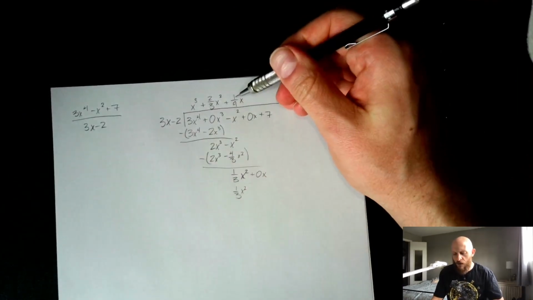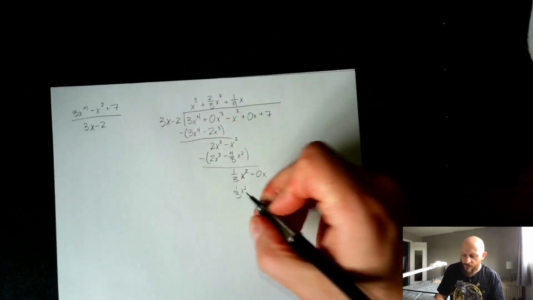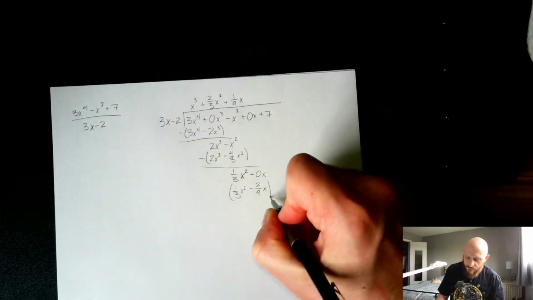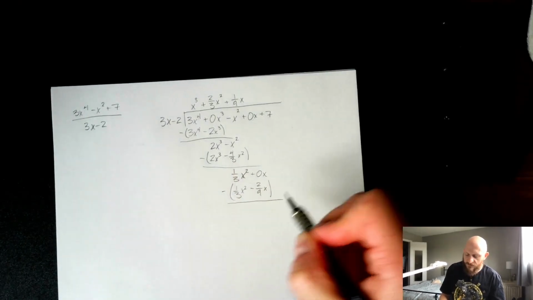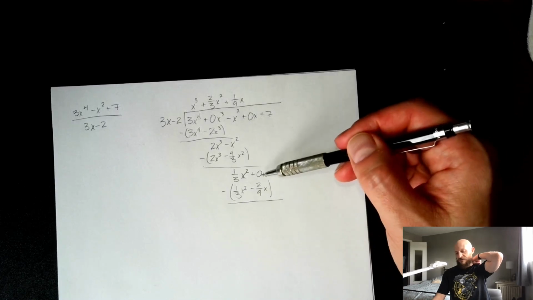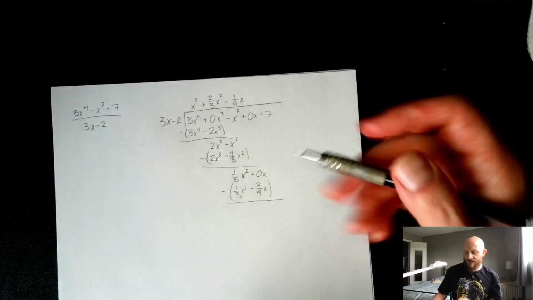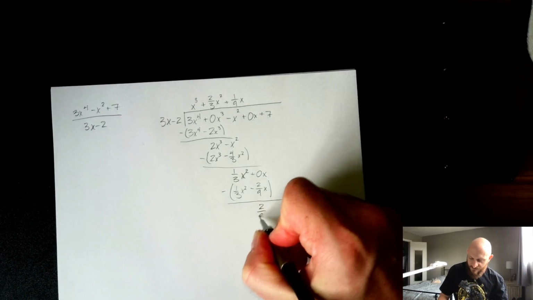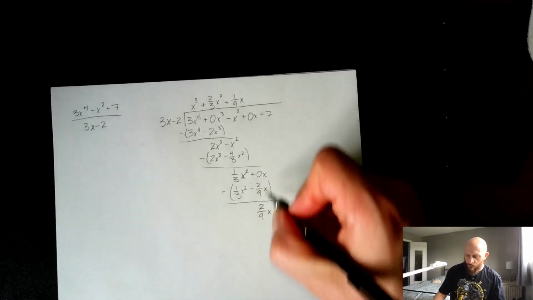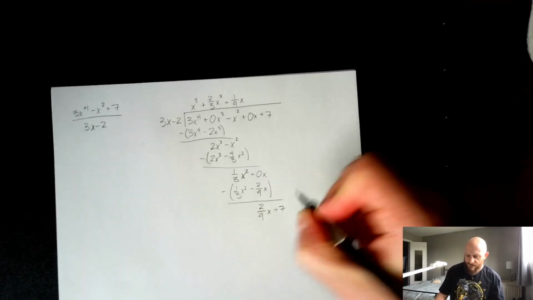Yep, great. 1/9 times negative 2 becomes minus 2/9 x. Lucky us, we have the 0x there, so this is going to be easy. The 1/3 x squareds cancel. 0x minus negative 2/9 x is positive 2/9 x. All right, and what we're bringing down now is the 7.